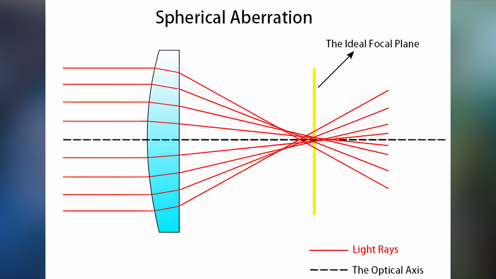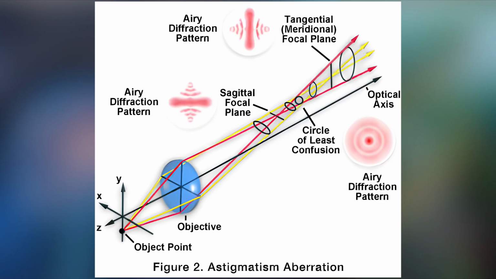Another interesting aberration is called astigmatism. Astigmatism occurs where the light rays in two different dimensions or in two different planes have different focal lengths. The best way to understand this is imagining that an optical system with an astigmatism is used to form an image of a cross. If you do that, what you'll see is that when the horizontal bar is in focus, the vertical bar will be out of focus.